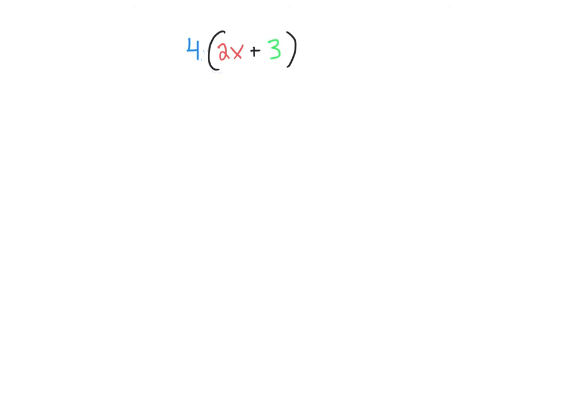What this means is that we have 4 groups. So this first number outside, we can call this our multiplier. And it tells us how many groups we have. How many groups.